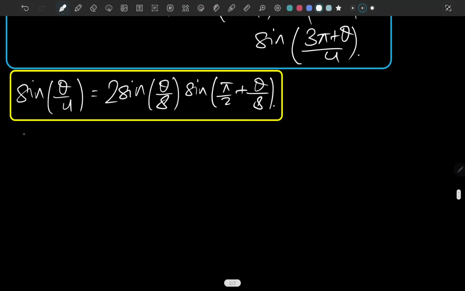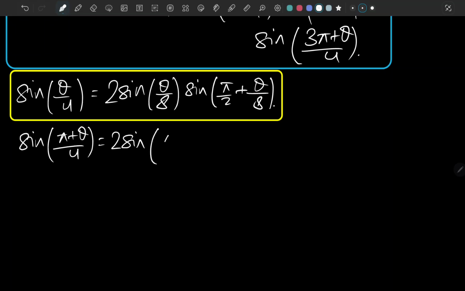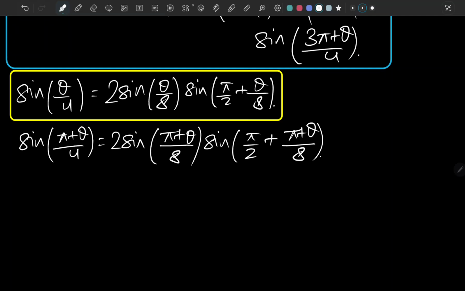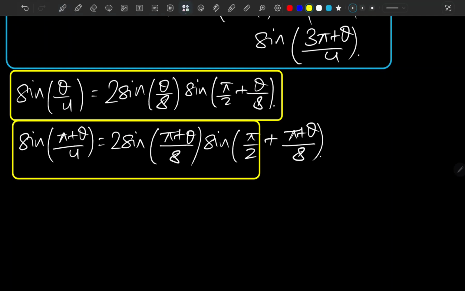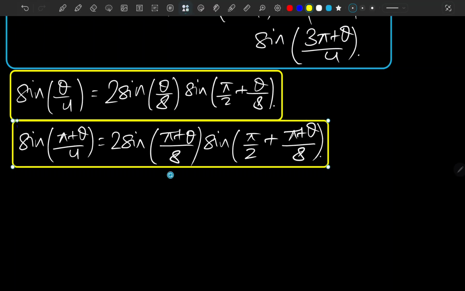Next, sine of pi plus theta over 4 can also be written as 2 sine of pi plus theta over 8, and sine of pi over 2 plus pi plus theta over 8. Again, it's fine, and we are heading towards some better results, right?